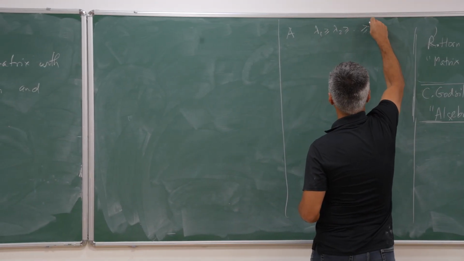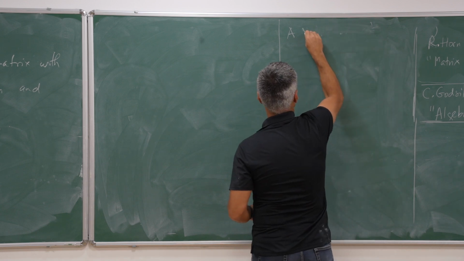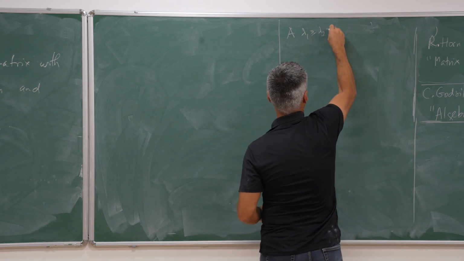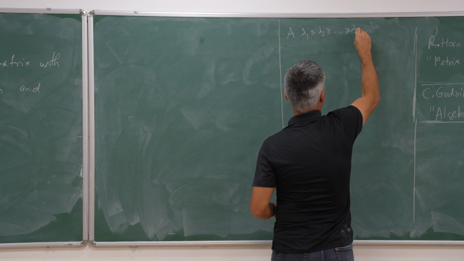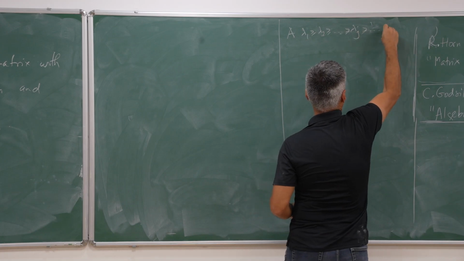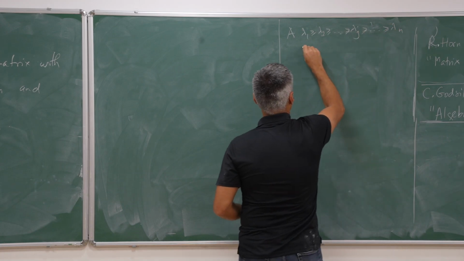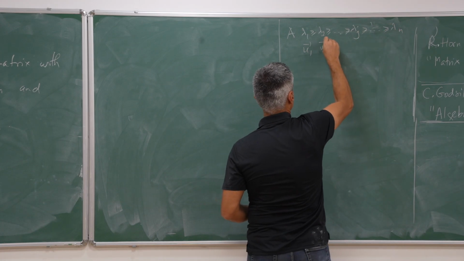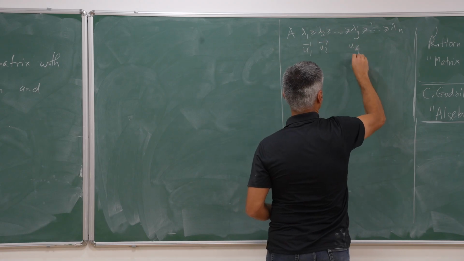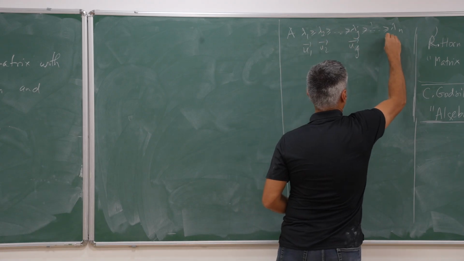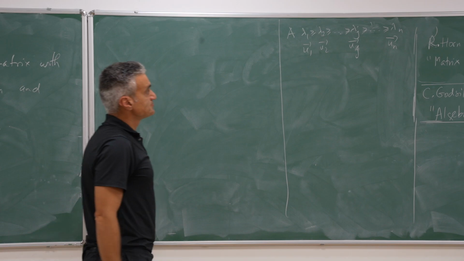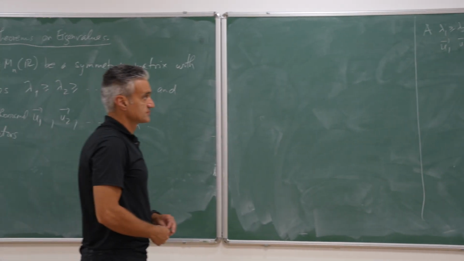Let's say I have here lambda 1, lambda 2, lambda j, lambda n, and I have u1, u2, uj, un. Okay?